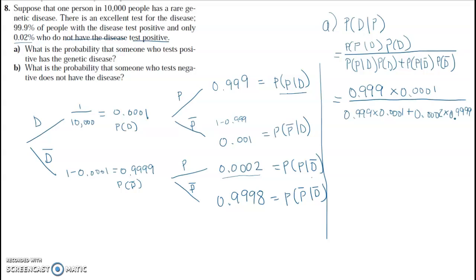All right, so if you calculate this, it should give approximately 1/3, so 0.033. At least that's what I got when I calculated this.